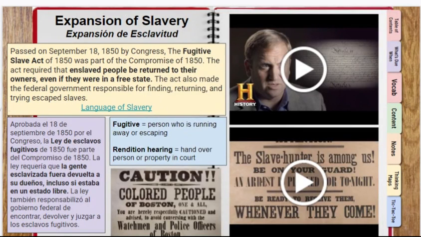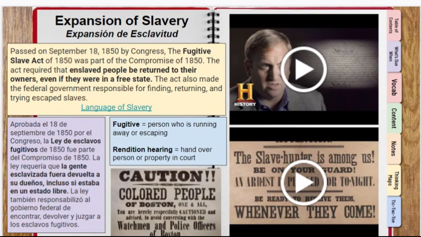Now, the South is aware of this system, and that is why they pushed for the Fugitive Slave Act in 1850 as part of the Compromise of 1850. This act requires that enslaved people be returned to their owners, even if they were in a free state.